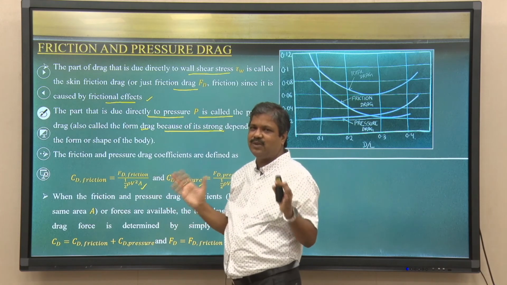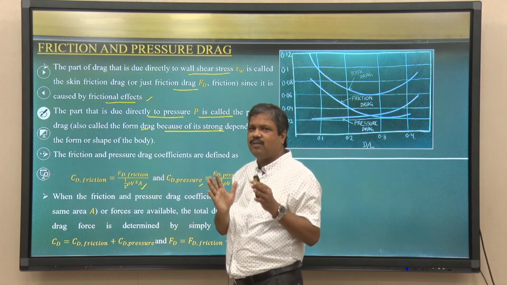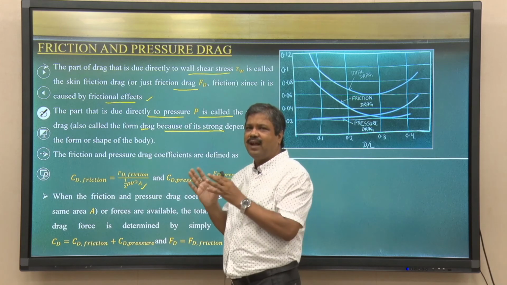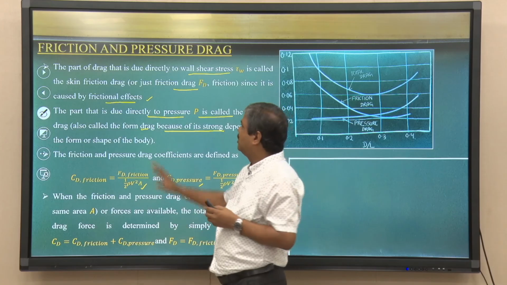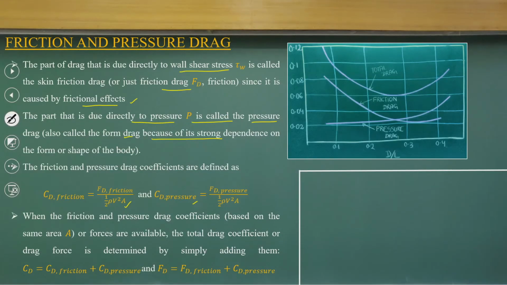That is the difference between the drag coefficient and the coefficient of friction. The coefficient of friction accounts for the frictional effects, and the pressure drag coefficient is due to form drag, as it depends upon the shape. That is what we define.